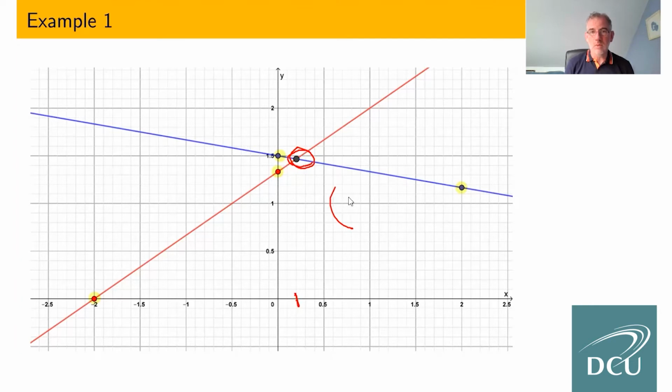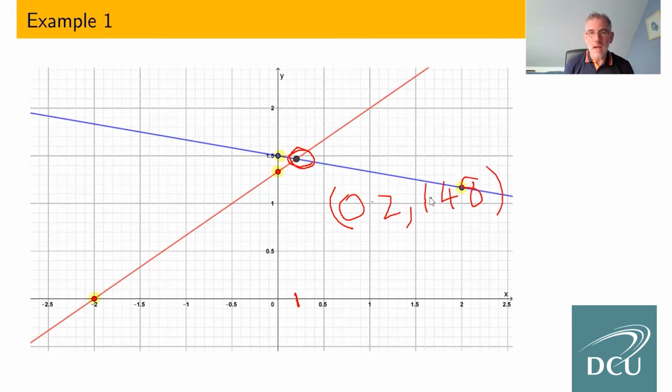So my x coordinate looks like it's 0.2. And my y coordinate is close to 1.5. There's 1.1, 1.2, 1.3, 1.4, 1.5. It's most of the way between 1.4 and 1.5, so it looks like it might be round about 1.48 or so.